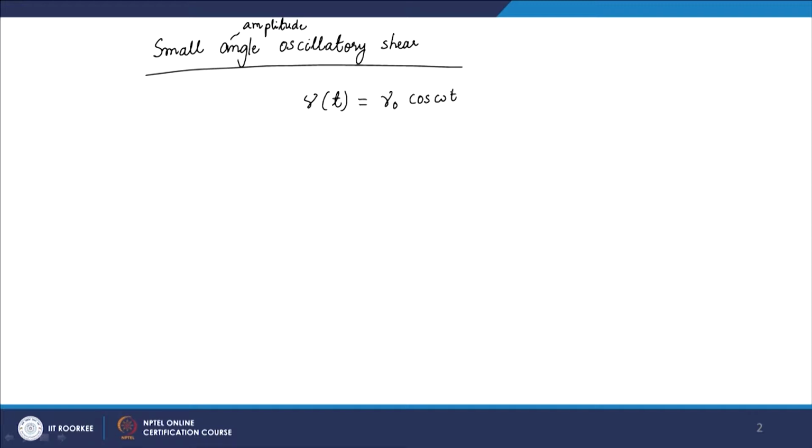In fact, that is a general oscillatory shear. If it is of smaller magnitudes, then actually the linear viscoelasticity holds. That is why I add the words small amplitude.